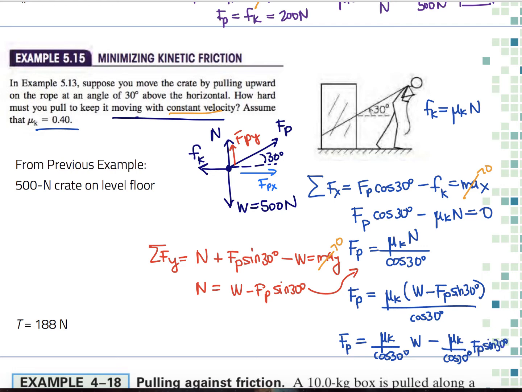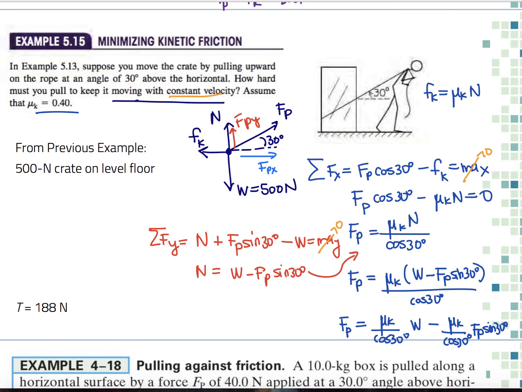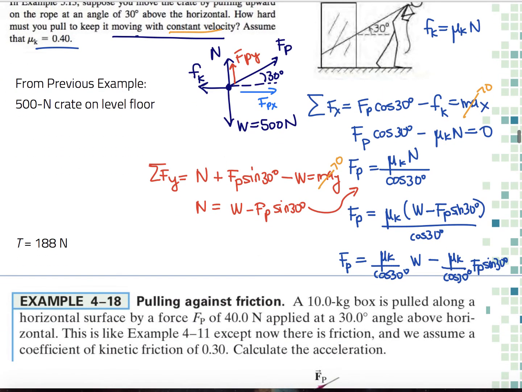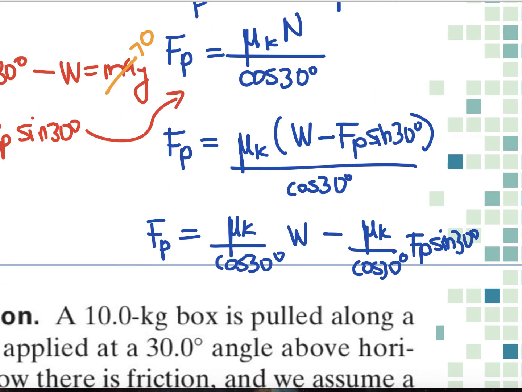Ooh, this is messy, but we can make a little simplification. One thing we can do, I'm going to zoom in, is say that the sine of 30 over the cosine of 30 is equal to the tangent of 30. So this is a simplification we want to make.